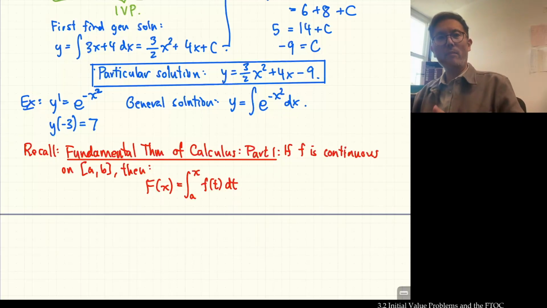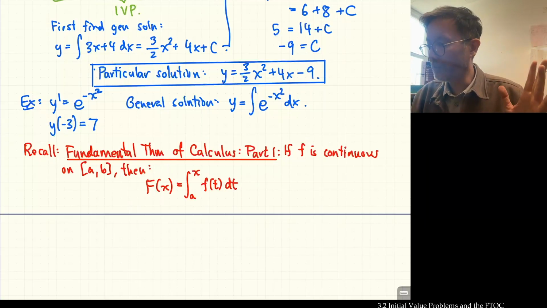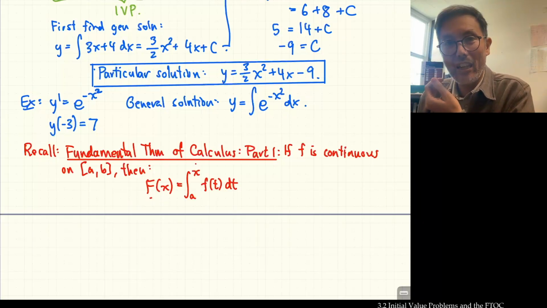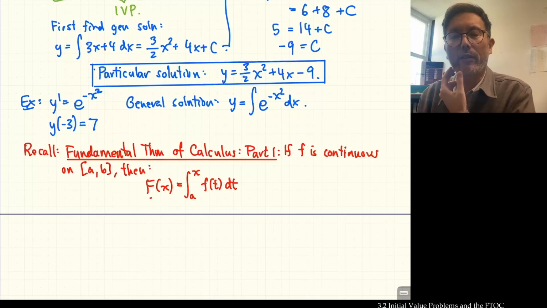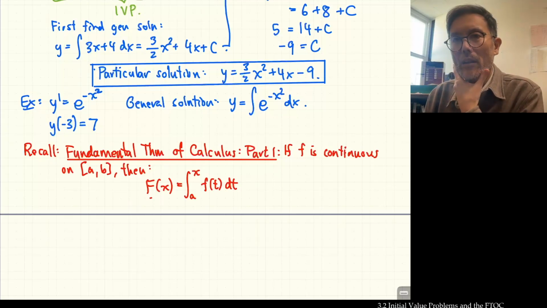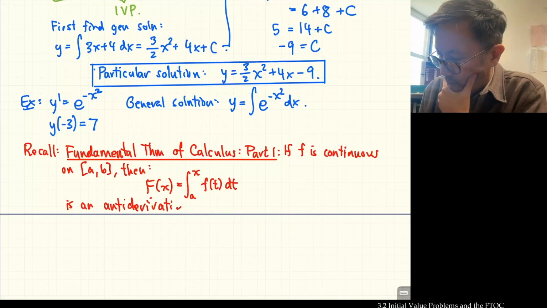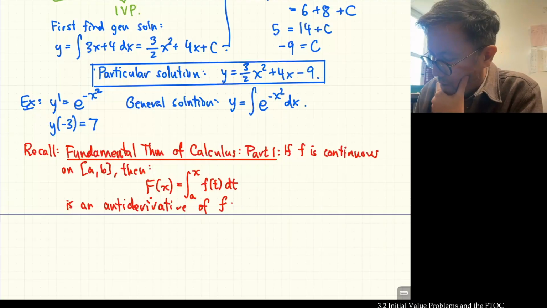And what's amazing about this construction, which is a weird construction because the input to this function, look at it, this x here, the input goes into the upper bound of integration. But what's amazing about this construction is that this is an antiderivative of small f.